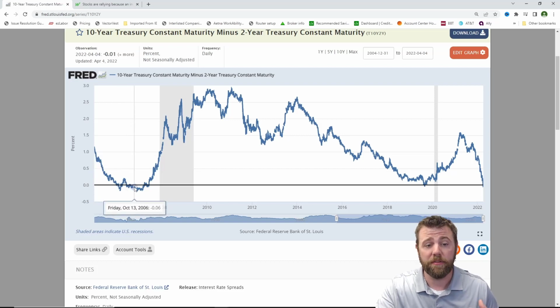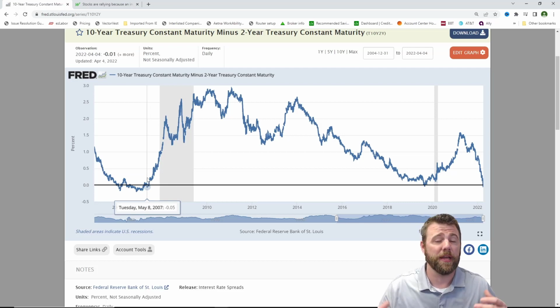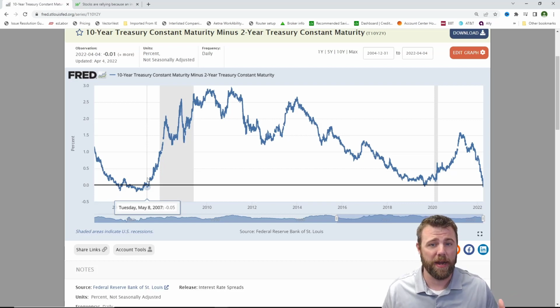We can see the inverted yields on these 10 and 2 years stayed in negative territory for quite some time and then started picking back up leading into the recession. So while yes, this could be an early warning sign, it doesn't mean that the market or the economy is heading for a recession right now.